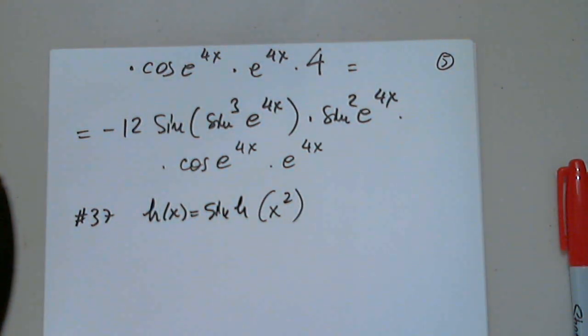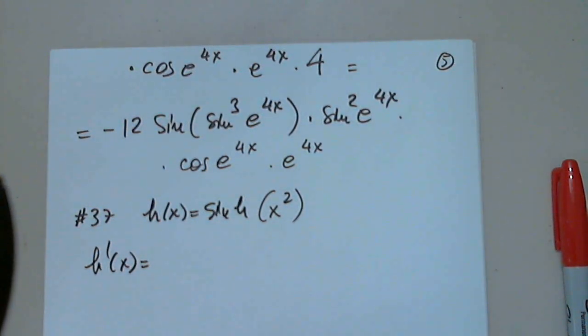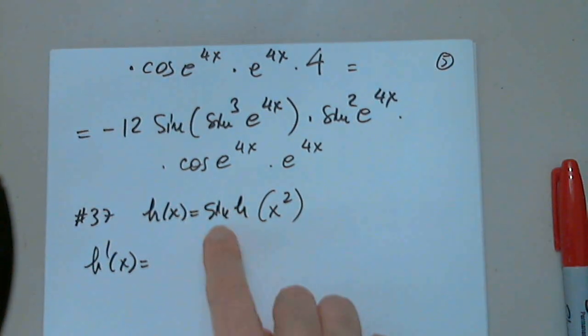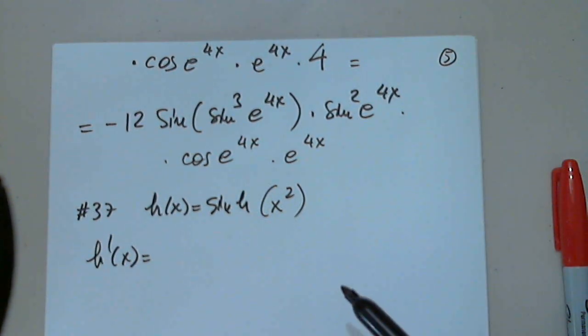Okay, so let's take a look at this one. Can anyone help with the derivative of this? First of all, what is the outer, what is the inner? Because we only have two here. Hyperbolic sine is the outer, squared is the inner. Yes. Good. So then we differentiate the outer and then times the derivative of the inner.